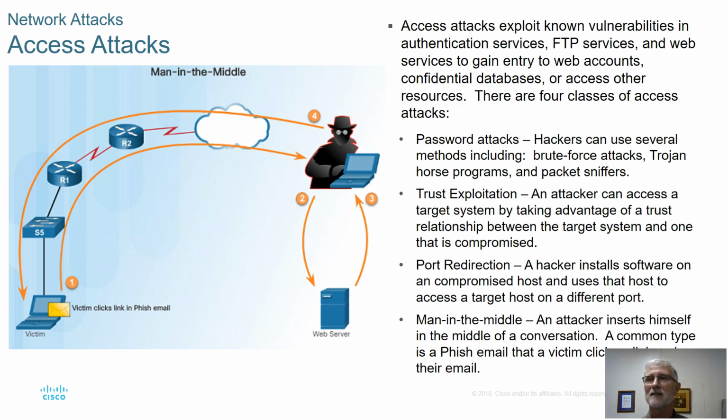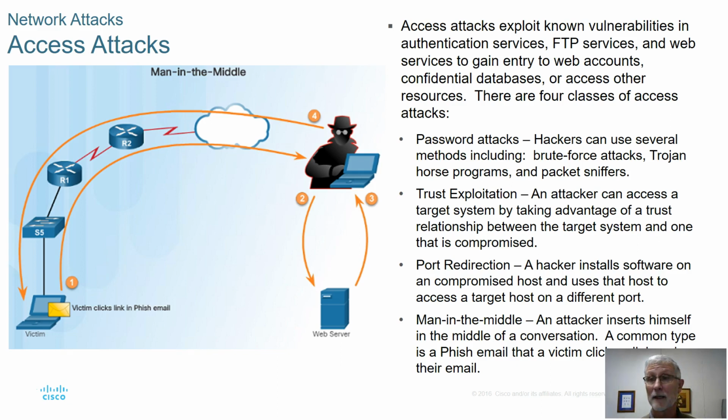Now, access attacks definitely start exploiting vulnerabilities of certain services, whether it's authentication services, FTP services, web services, and there are 4 different types of those kinds of attacks. You got password attacks where I'm trying a method of guessing a password, whether it's brute force, a Trojan horse program, packet sniffers, which I'm just watching the line to see if I pick up a password.